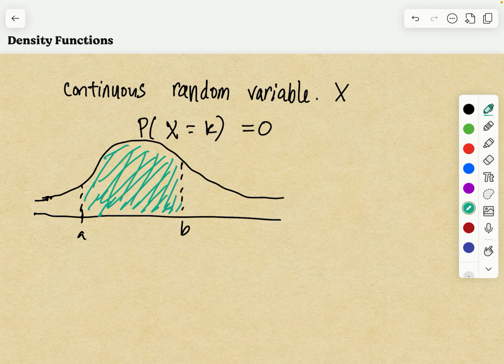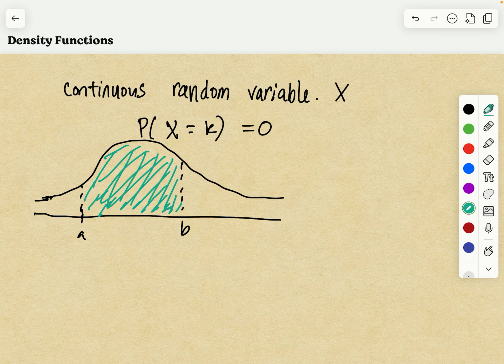So for instance, the time it takes to get from where you live to work, or to school, or to the store. When we're talking about probability, we can't have the probability that it's exactly 2 or something. We can only talk about it for a certain range.